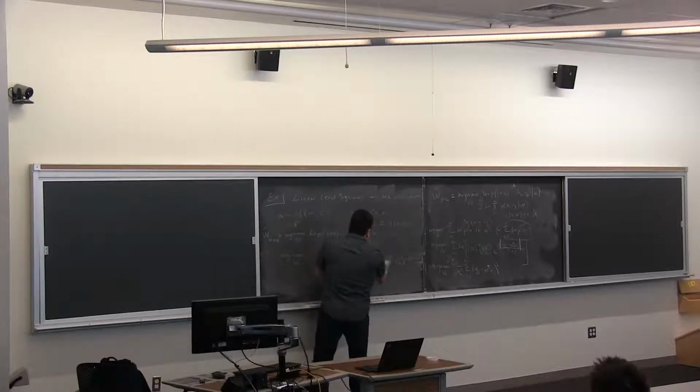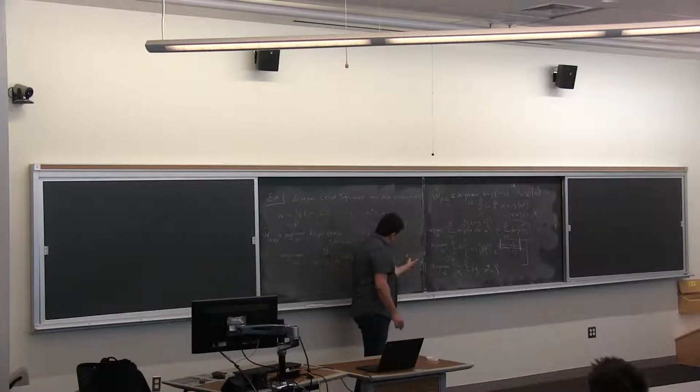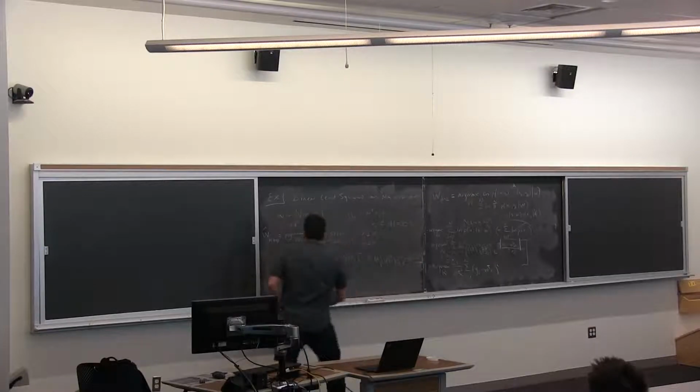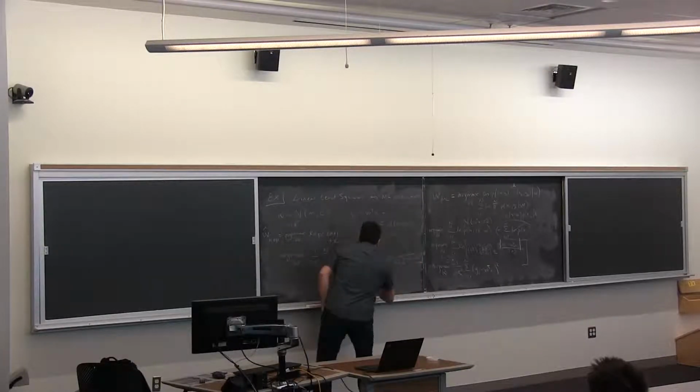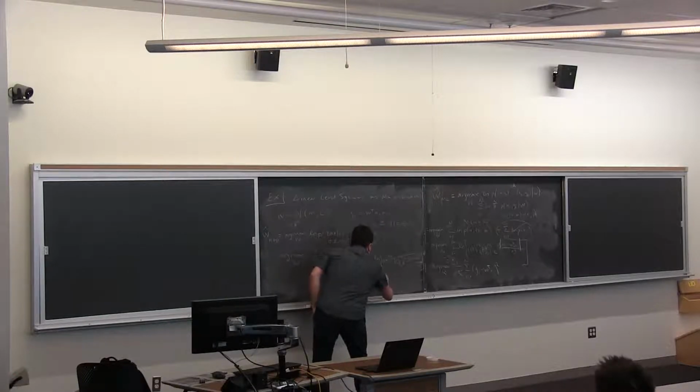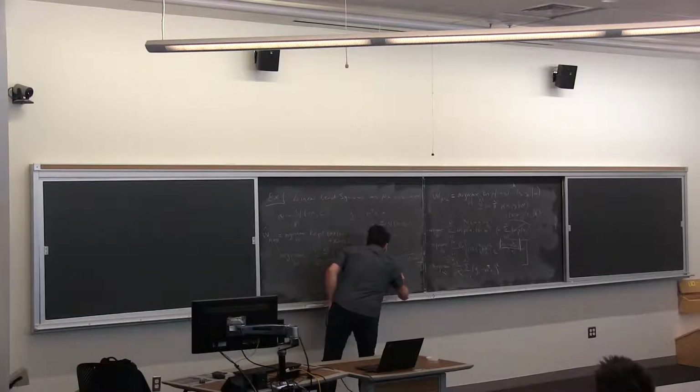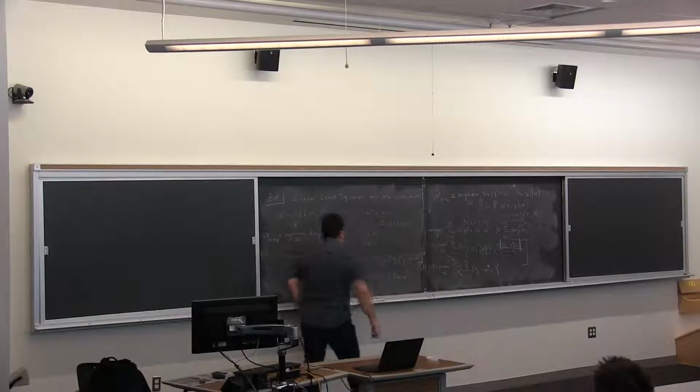The log 2 pi stuff is constant, and terms with C are constant. So I'm just going to have the log of that exponent: minus 1 over 2 (w minus m) transpose C inverse (w minus m).